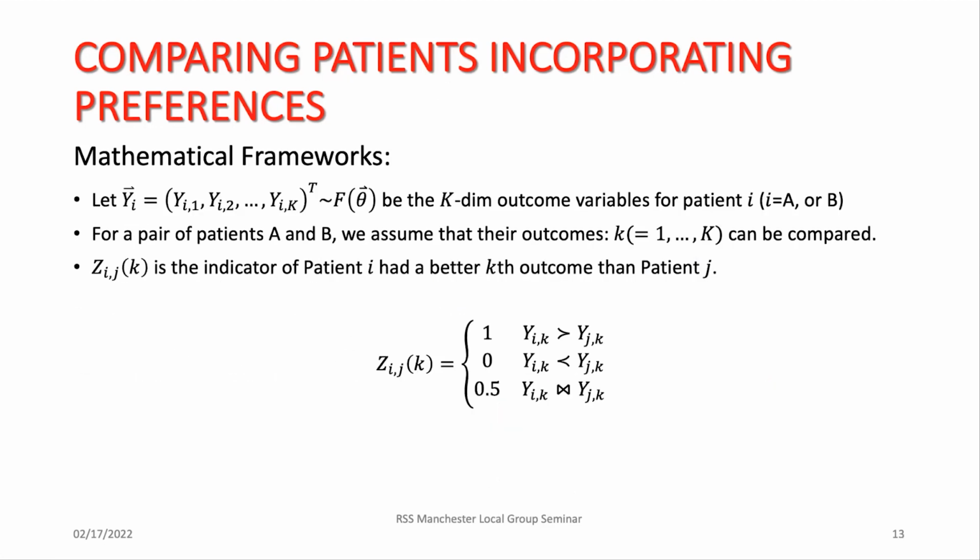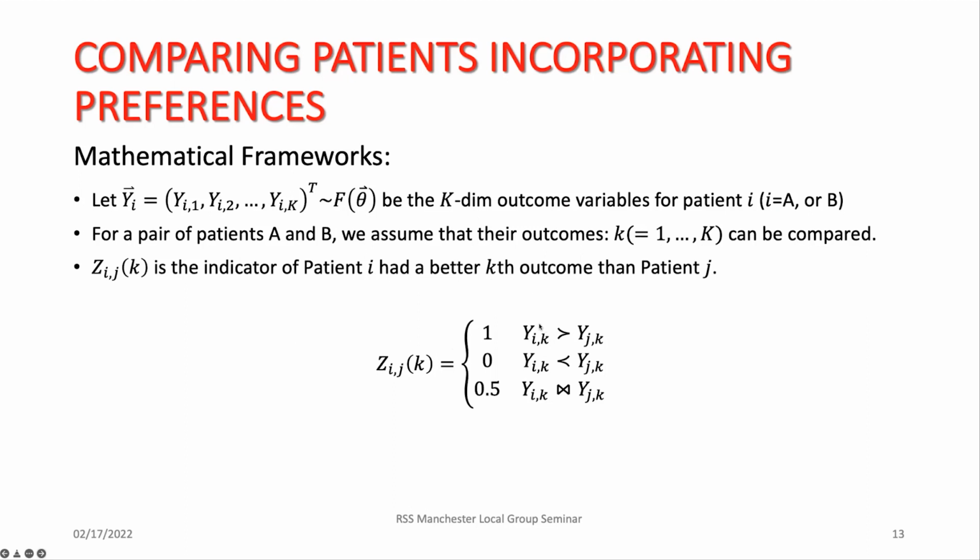Mathematically, you can think of K endpoints as a vector. For each pair of patients A and B, we assume their marginal outcomes can be compared, so each sub-outcome is comparable. Then we can derive the win for each marginal outcome, because that's simply the one-dimensional case.